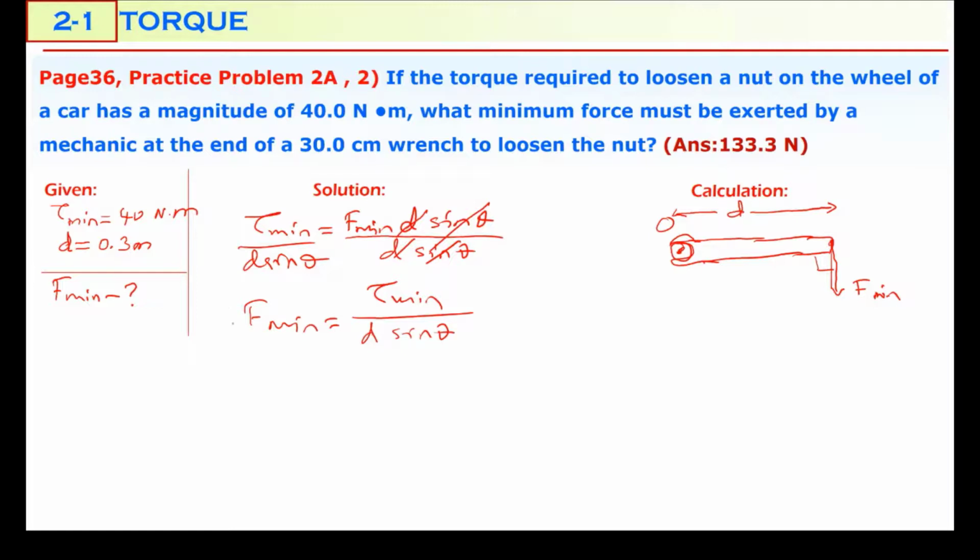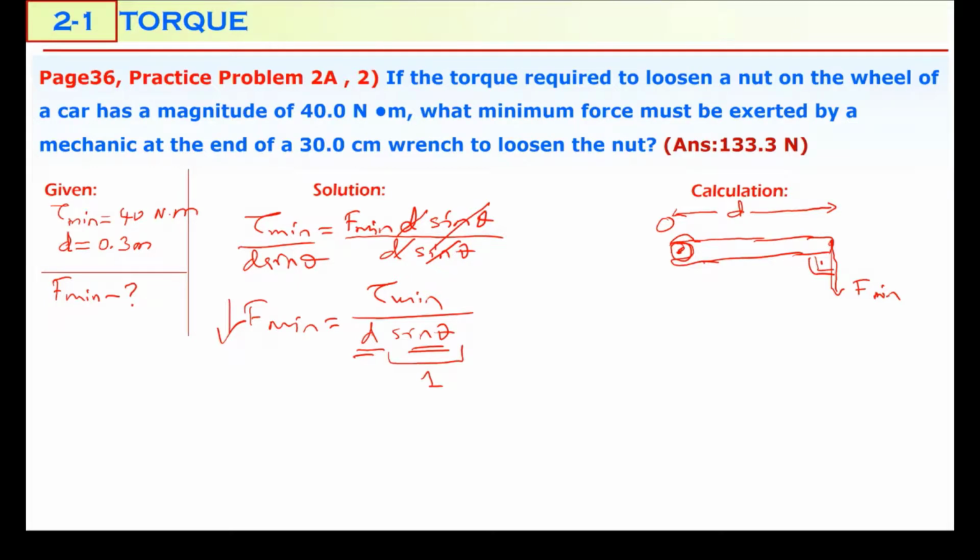Okay, if you want F minimum, you should make sine theta maximum. Sine theta maximum is how much? Maximum sine theta? 90 degrees, and it's 1, is it? Yes. So which means you should apply the force perpendicular to the distance to apply minimum force.